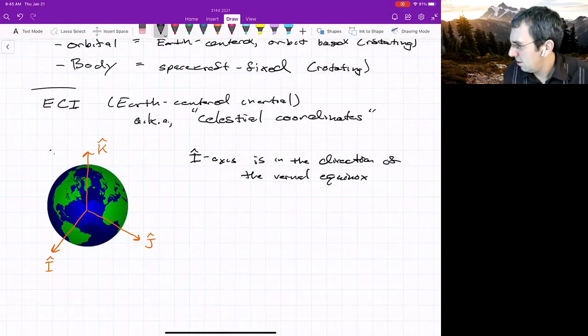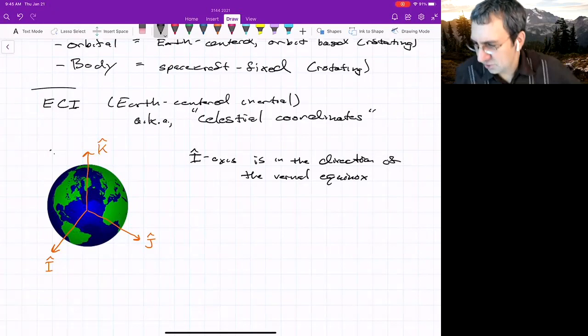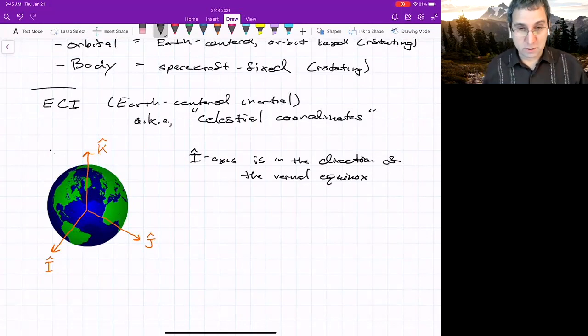If you don't know what the vernal equinox is, it's some day in March, typically. And it's when the orbital plane of the Earth, also called the ecliptic, intersects the equatorial plane.